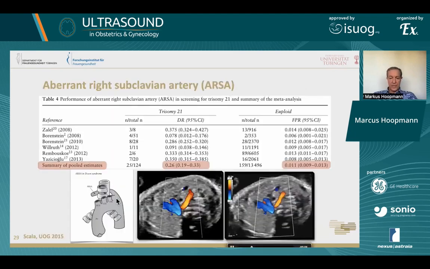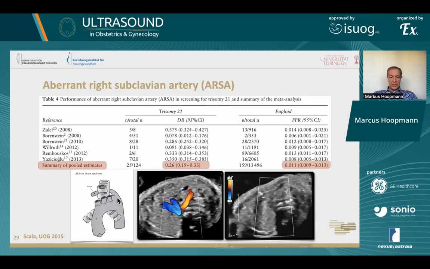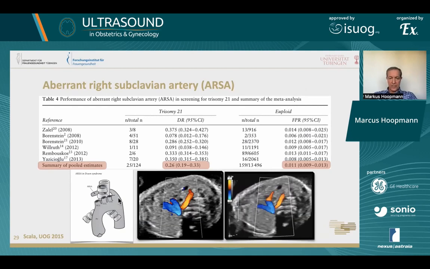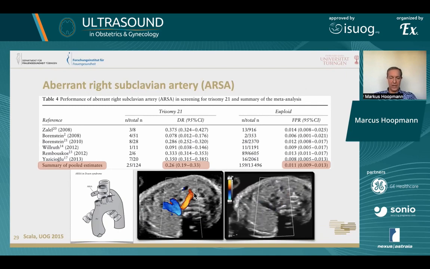And this is an ASA, and you see that in this case, we have 4 vessels deriving from the aortic arc. And you see that this aberrant right subclavian artery has a straight course behind the trachea. That's the way you can find it.